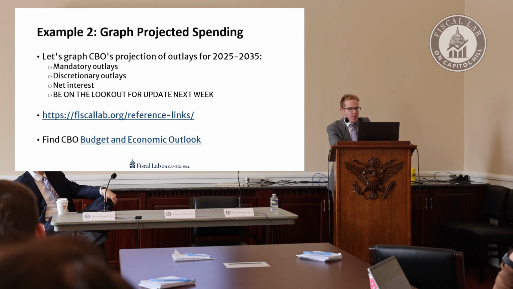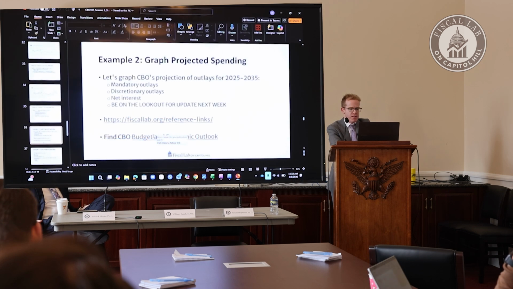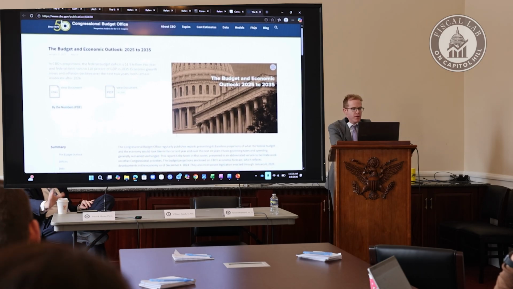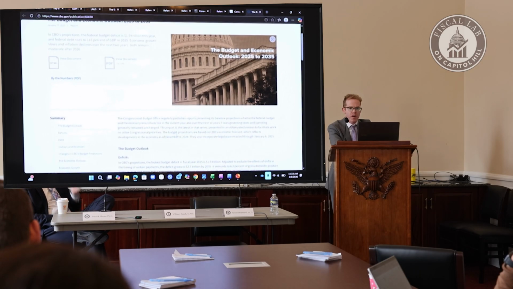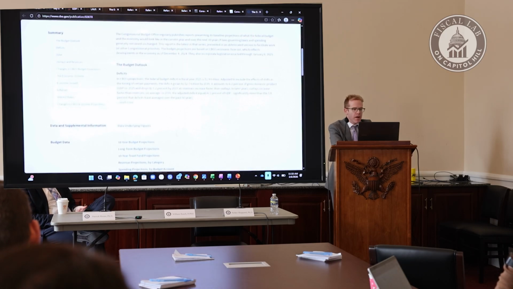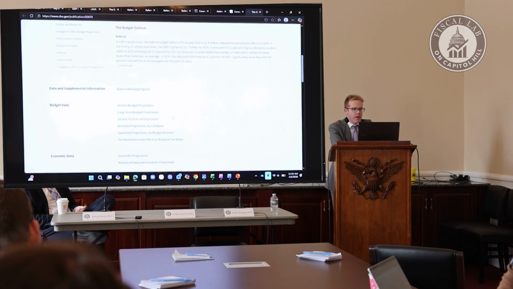So you can start on the Fiscal Lab page again, but we can also go straight to the CBO Budget and Economic Outlook. All right, so here is the home page. You can download the full report. We're interested in the data itself, though. Okay, all right.